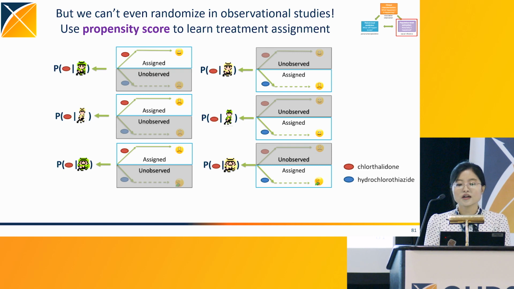So basically, what we typically would want to do is to learn the probability of getting the target treatment given a specific patient's baseline characteristics before the time point of treatment assignment. It's a probability, a number between 0 and 1, and this probability is what we call a propensity score.